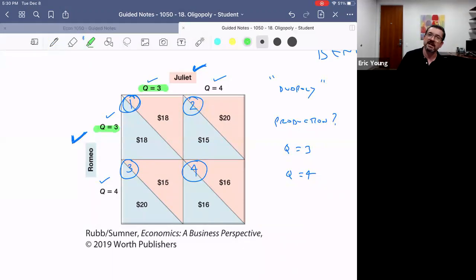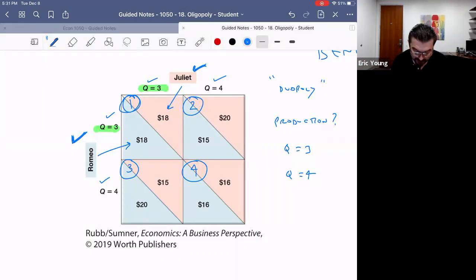So if Romeo says, I'm going to make 3, and Juliet says, I'm going to make 3, we go across at 3, we go down at 3, and this right here becomes the box that we are analyzing. And we would see in this case that, for example, if Romeo makes 3 and Juliet makes 3, then Romeo, who is blue, would earn profits of $18. And Juliet, who is red, would also earn profits of 18.